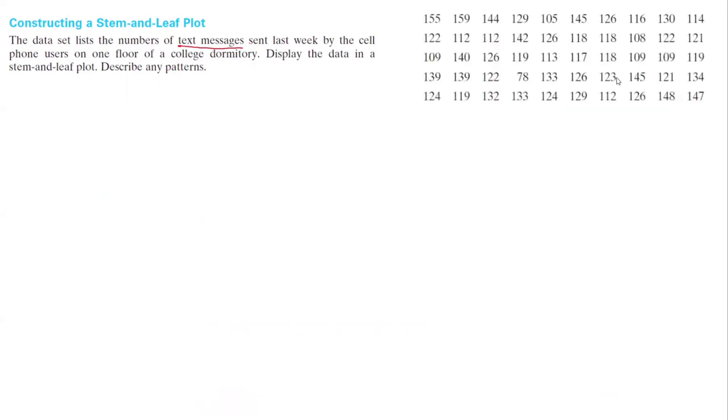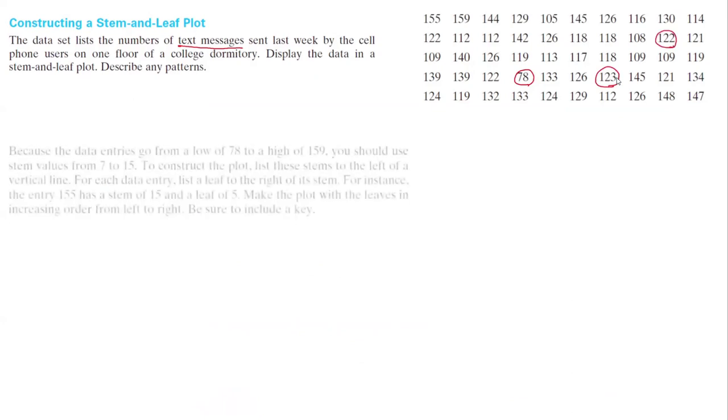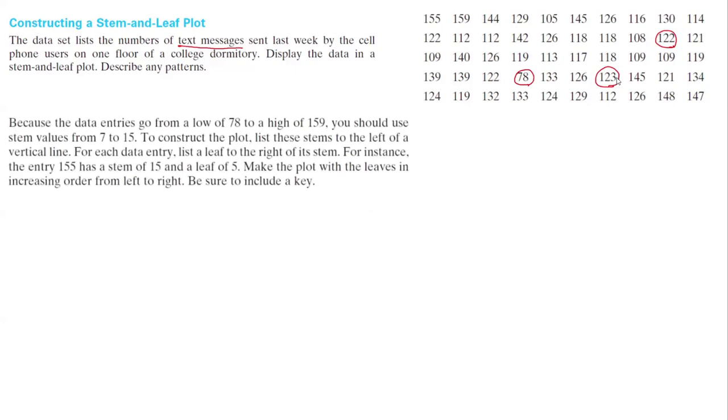You have 78, you have 123, you have 122, and so on. Well, what are we going to do? The lowest data is 78. The maximum data entry is 159. We can use the stem values for 7 to 15.